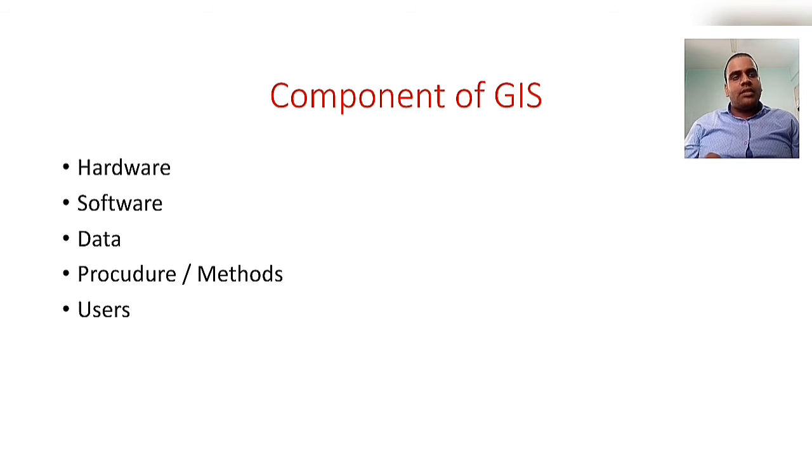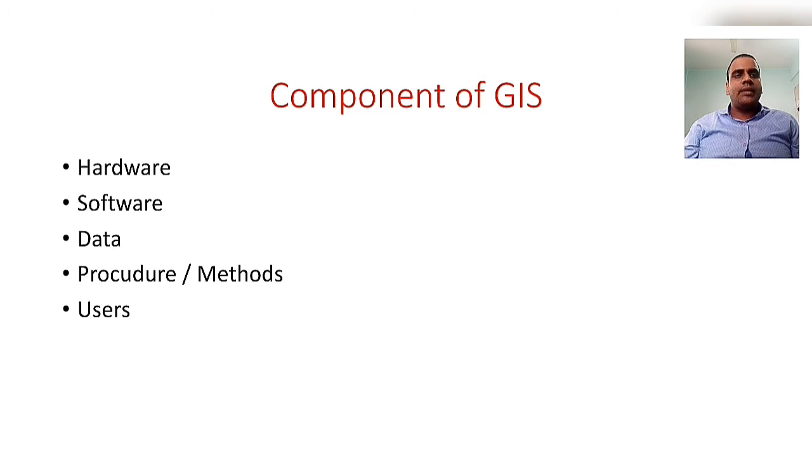So another important element for running the GIS platform is software. I will give you a few names of software such as ERDAS, ArcGIS, ArcInfo, ArcMap. Some open source software is freely available, such as QGIS. Global Mapper is there.